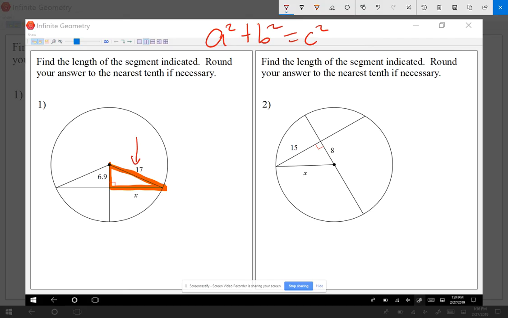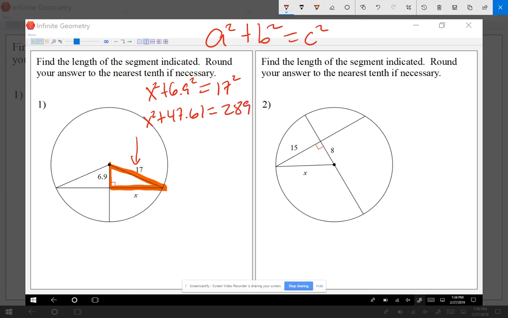So I'm just going to write this as x squared plus 6.9 squared equals 17 squared. Follow me so far? All right, I want to know what 6.9 squared is, and what 17 squared is, so I'm going to use a calculator. I get x squared plus 47.61 equals 289.